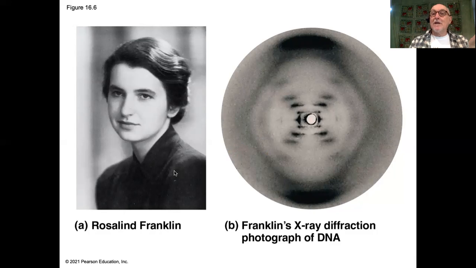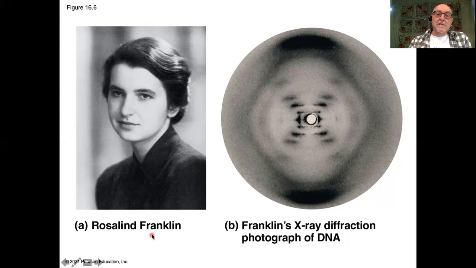That's a fairly good analogy for shining an X-ray beam through a crystal and seeing what happens to the X-ray beam. It gets diffracted by the atoms and casts a pattern, which you can then try to interpret.